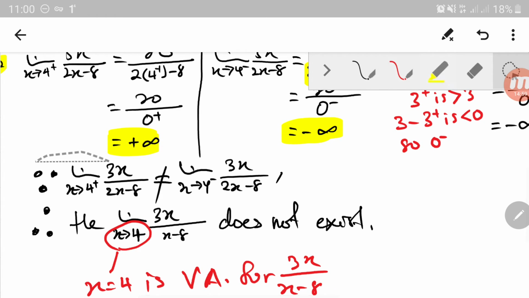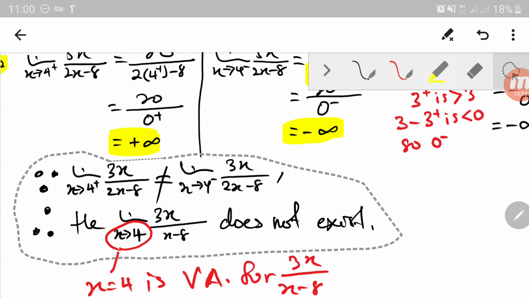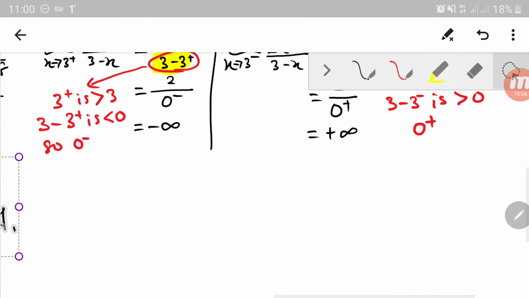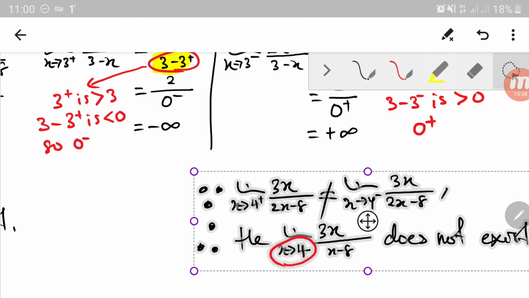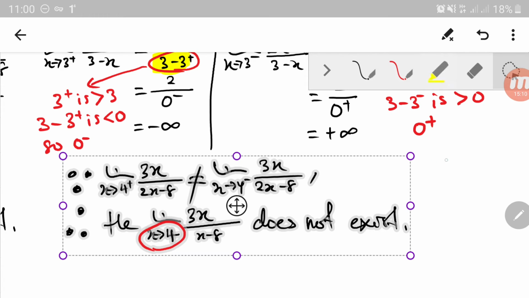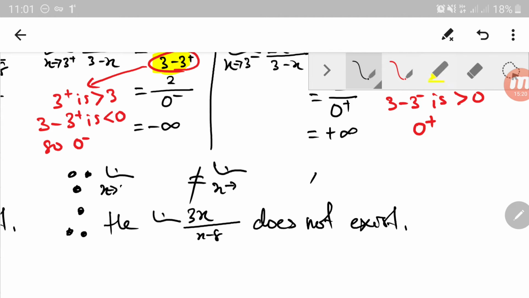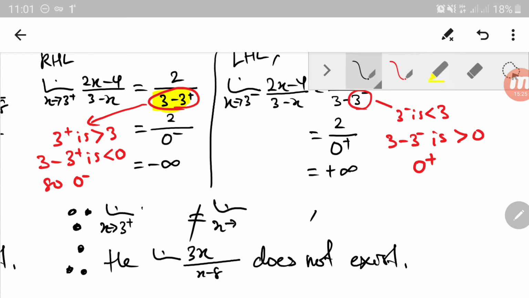So I copy paste this whole thing and then just change the function. Clever, right? Okay, so change that one. What's the limit? 3. Change. So 3 from the right, 2x minus 4 over 3 minus x.